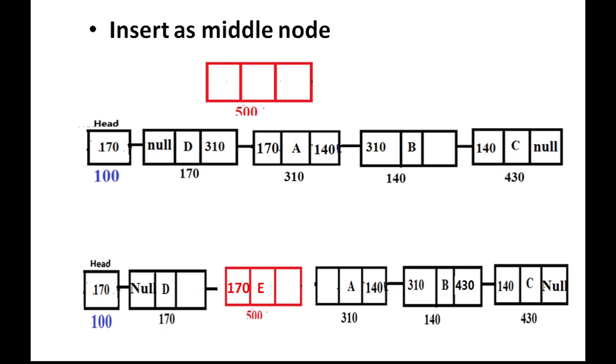We will just be assuming that there is a search algorithm which will tell us where the insert has to take place. So with the help of this we are going to just insert. So we are inserting here, the backward pointer is copied with the address, and the forward pointer is assigned the address of the next node, and the previous node's forward pointer is assigned with the address of the new node, and finally the backward pointer of the successor is assigned with the address of the new node. So now the insert operation is completed.